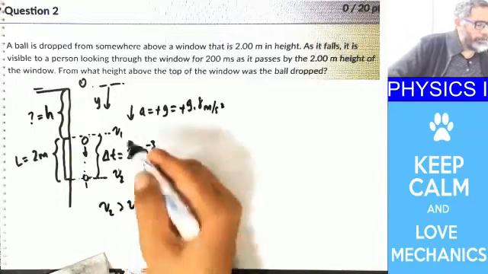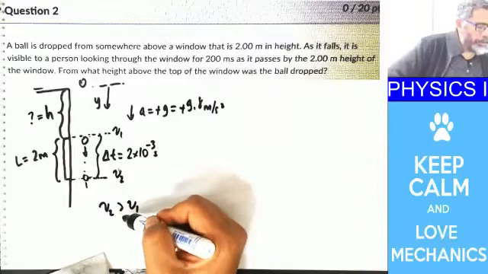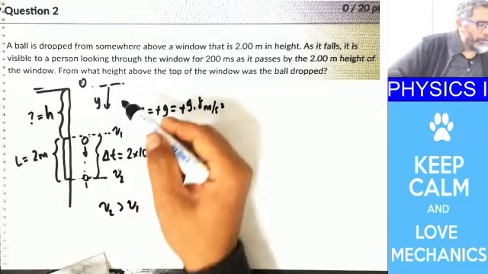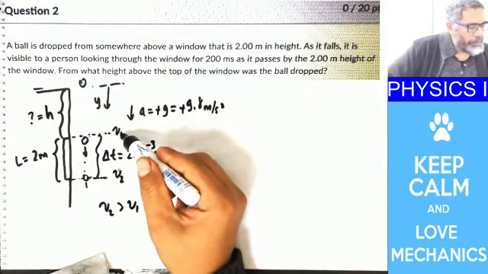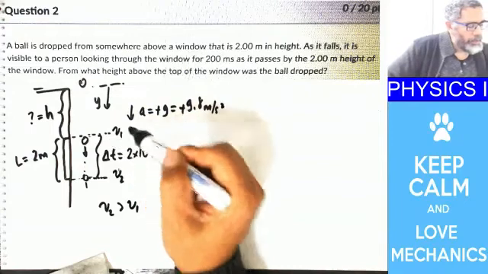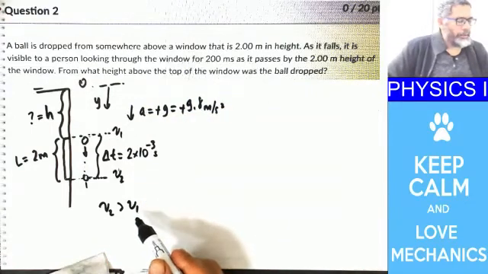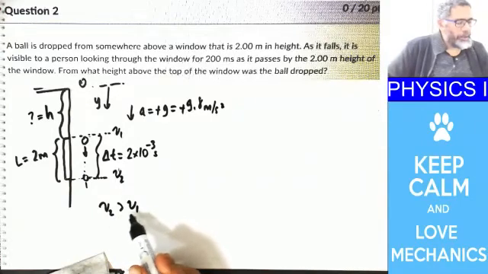In this case, these are the velocity at the top of the window and the velocity at the bottom of the window. Since I just chose the increasing direction as downward, v2 is going to be algebraically a larger number than v1. How are these related to each other?